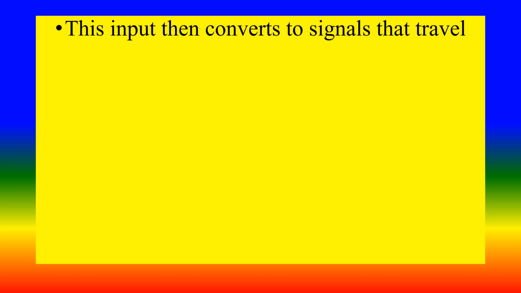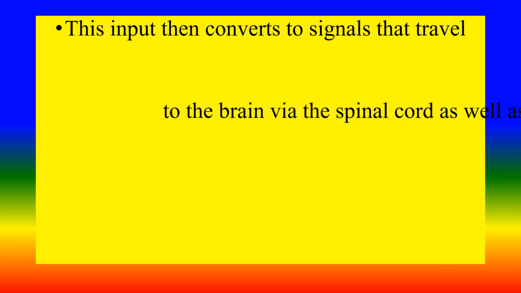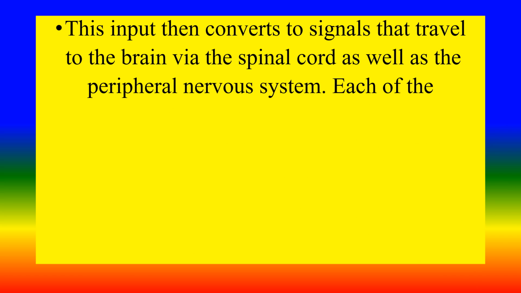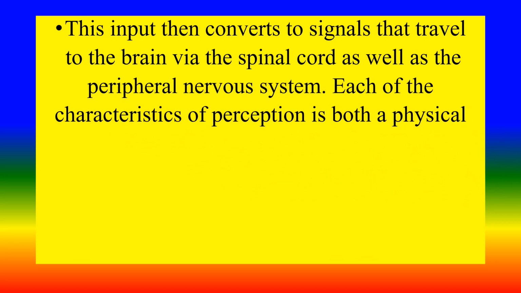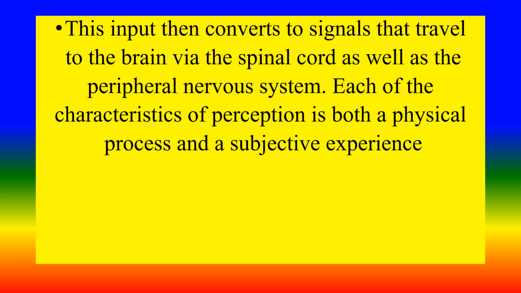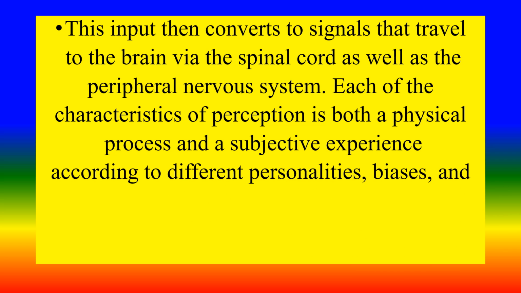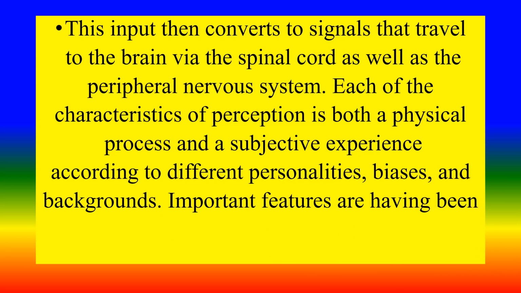This input then converts to signals that travel to the brain via the spinal cord as well as the peripheral nervous system. Each of the characteristics of perception is both a physical process and a subjective experience according to different personalities, biases and backgrounds.